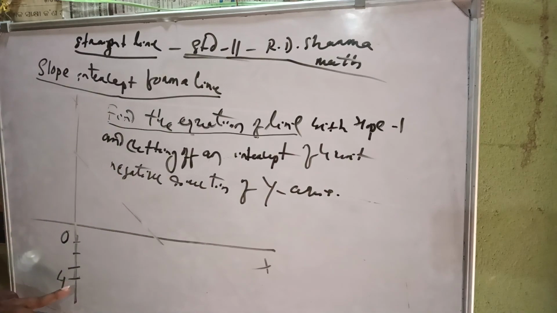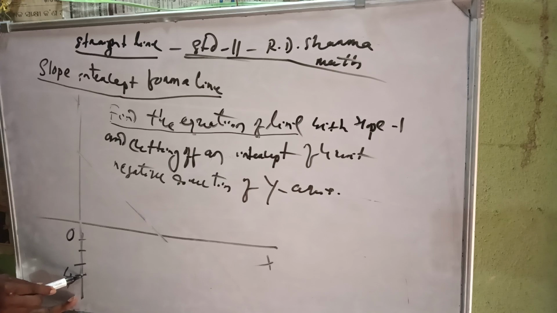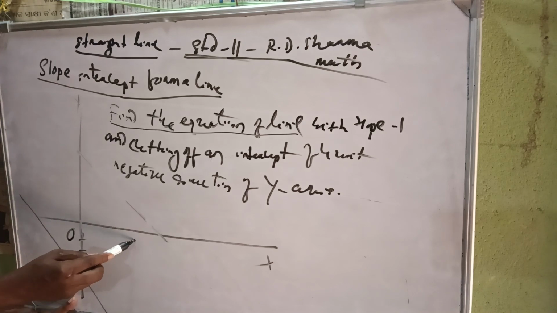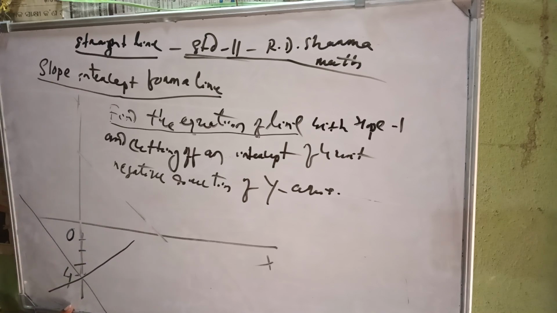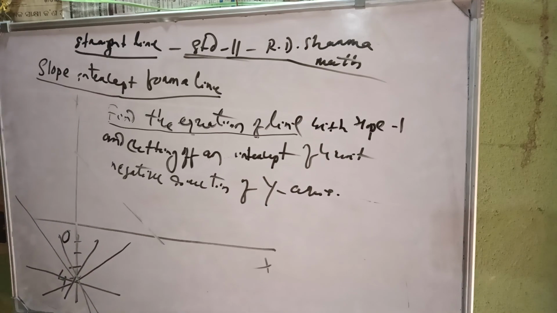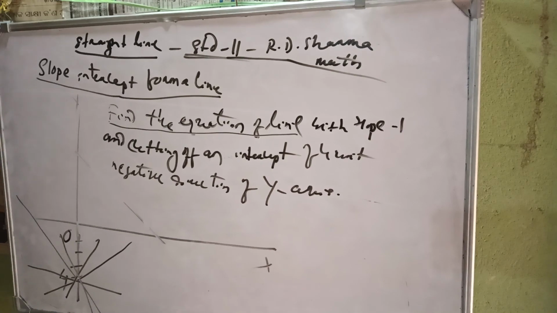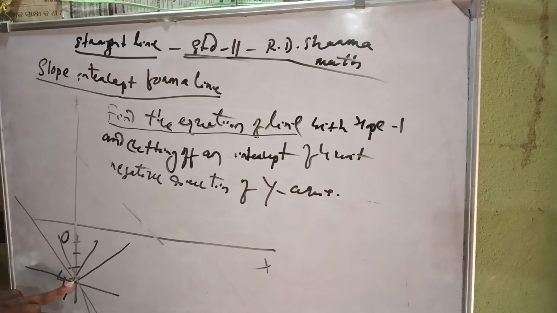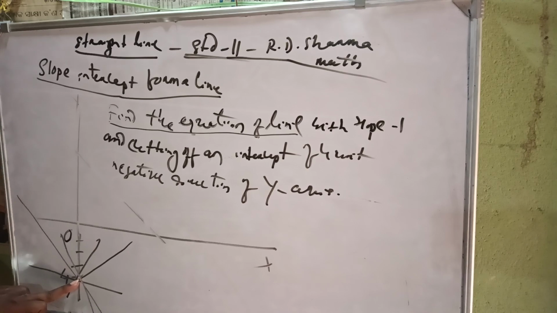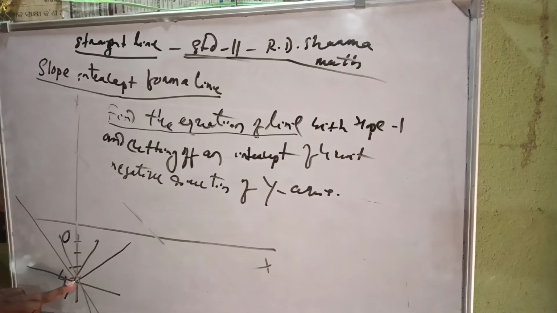If one straight line is cutting here, maybe the line goes through this way, maybe this, maybe this. So how will we know from the intercept point which direction the line will go?